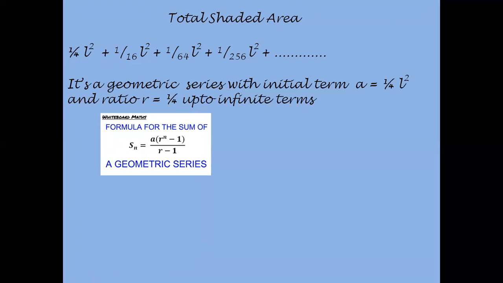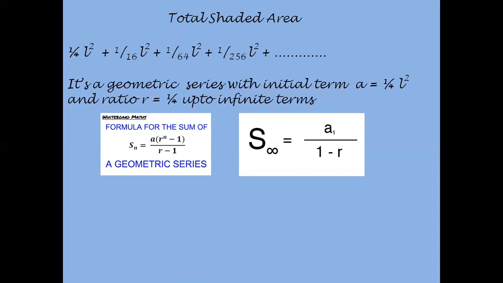So here's the formula for the sum of a geometric series for n terms. Sum of n terms is a times r to the power n minus 1 over r minus 1. But in our case, n is infinite. N is infinity. So in this case, the formula will come out to be a over 1 minus r, because our r is less than 1. The ratio is less than 1, which is 1/4.